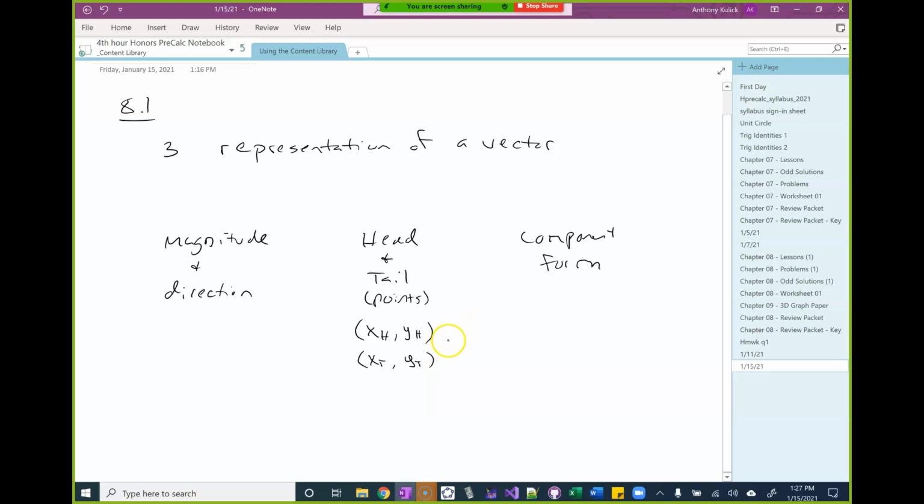To go to component form then, the x is going to equal the head minus tail, and the same for each component.